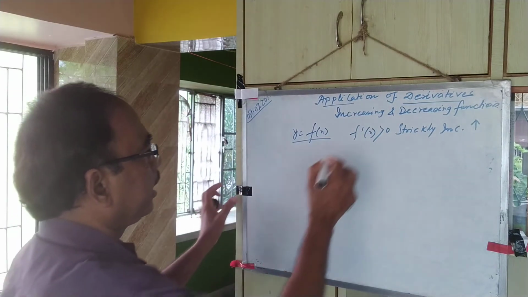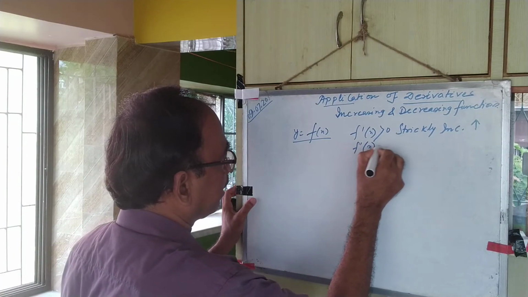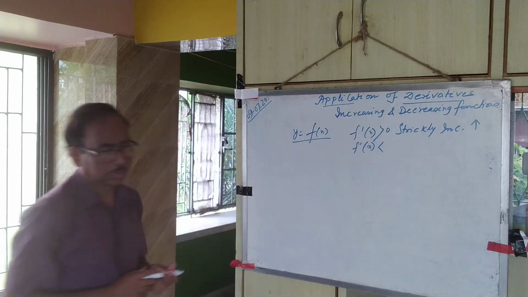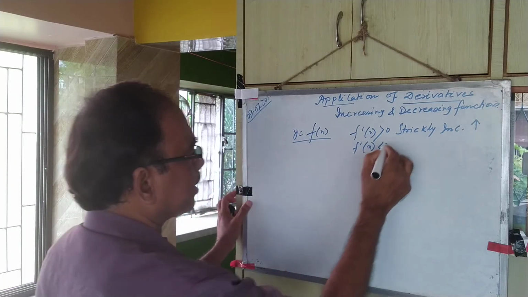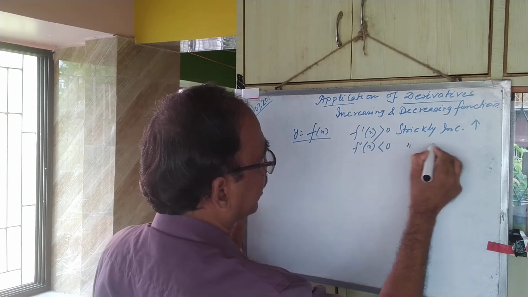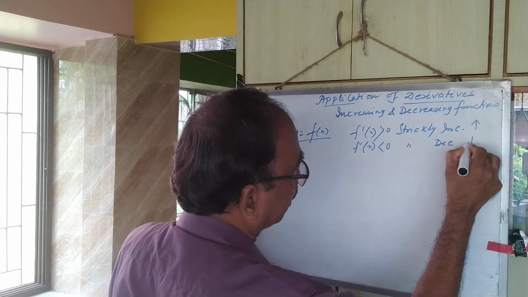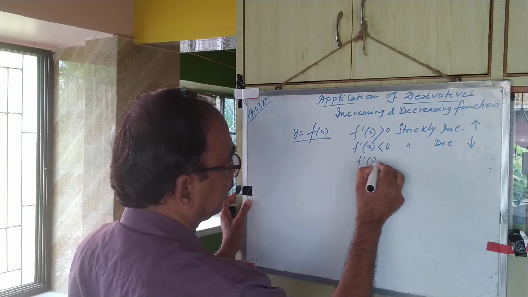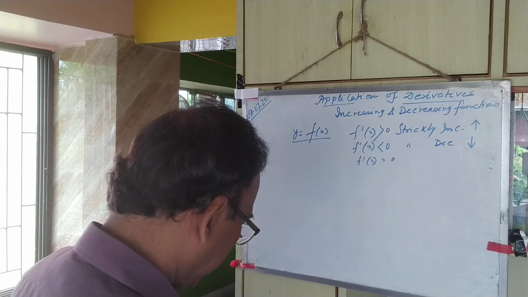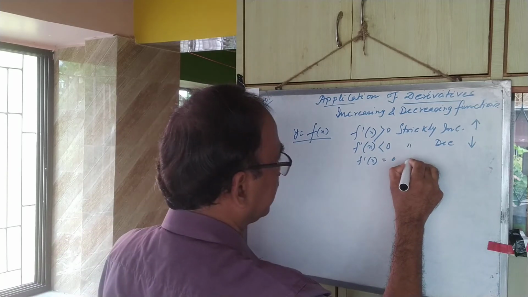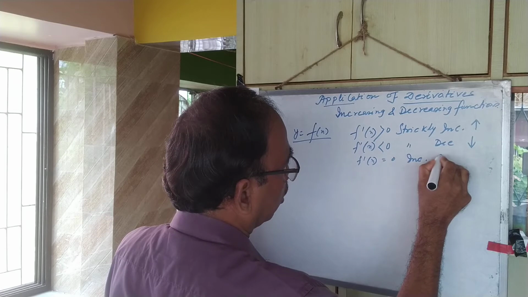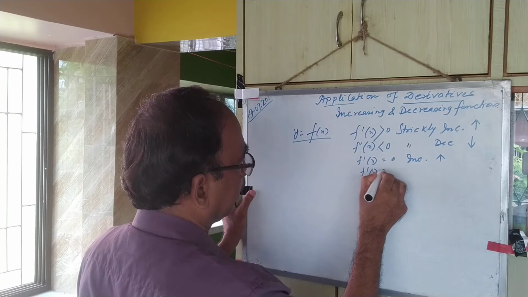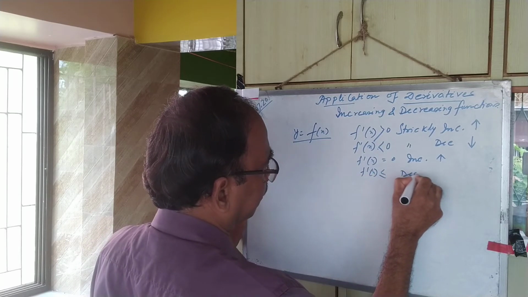If the value of f dash x is less than 0, then it is strictly decreasing, denoted by this symbol. And if f dash x is greater than or equal to 0, it is increasing. Or if less than or equal to 0, it is decreasing.